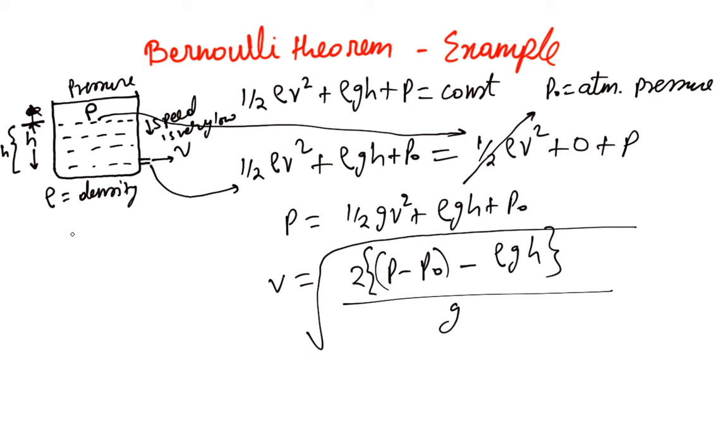Let's take some special cases. If P is the same as P naught, which means the pressure here is the same as atmospheric pressure, let's say the vessel is open, not closed.